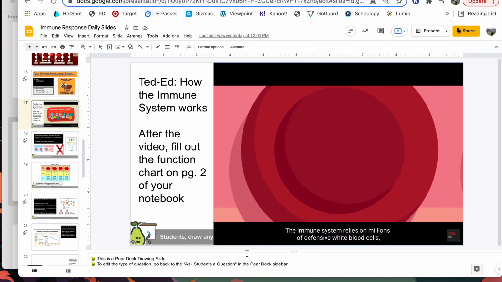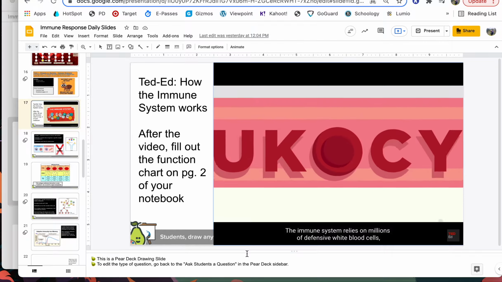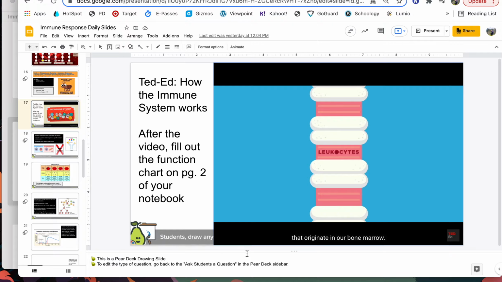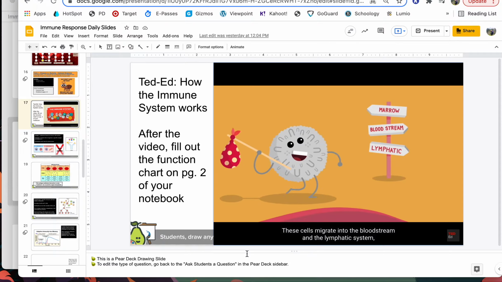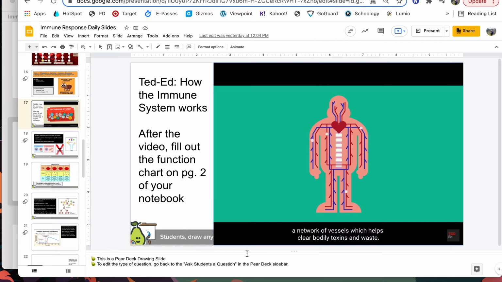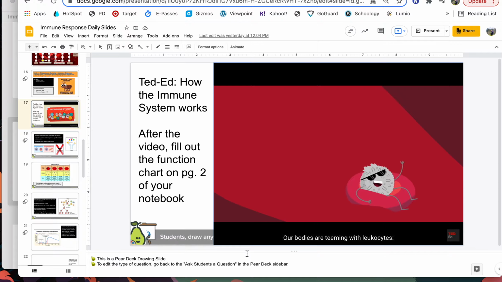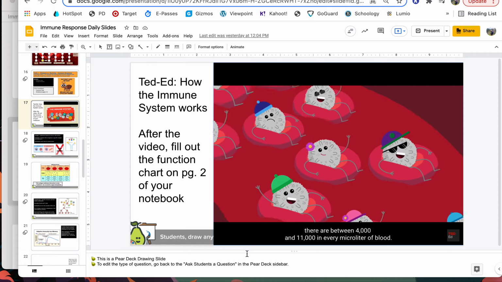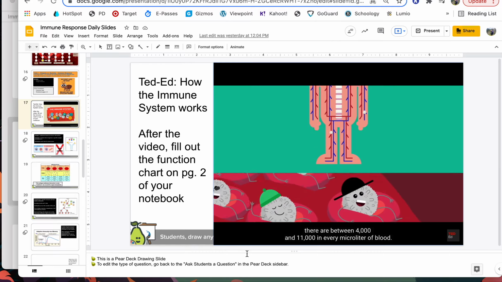The immune system relies on millions of defensive white blood cells, also known as leukocytes, that originate in our bone marrow. These cells migrate into the bloodstream and the lymphatic system, a network of vessels which helps clear bodily toxins and waste. Our bodies are teeming with leukocytes. There are between 4,000 and 11,000 in every microliter of blood.